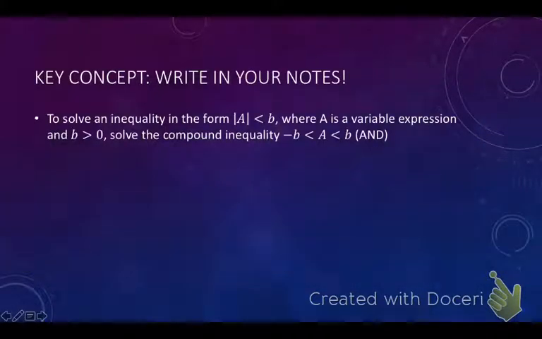The two really important things to know and keep in your notes: to solve an inequality in the form of the absolute value of A is less than B, where A is a variable expression, and all that means is that A could be like 2x plus 3 or just x, or any expression that contains a variable, and B is greater than 0, because it has to be greater than 0 or this doesn't work, you solve the compound inequality negative B is less than A, which is less than B. So it's and. When you have a less than symbol, we use and. All right, really important: less than, and.